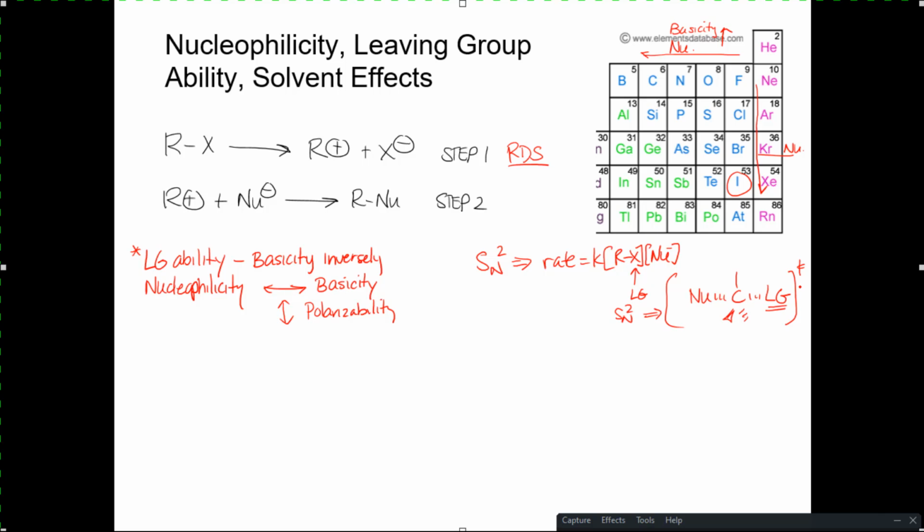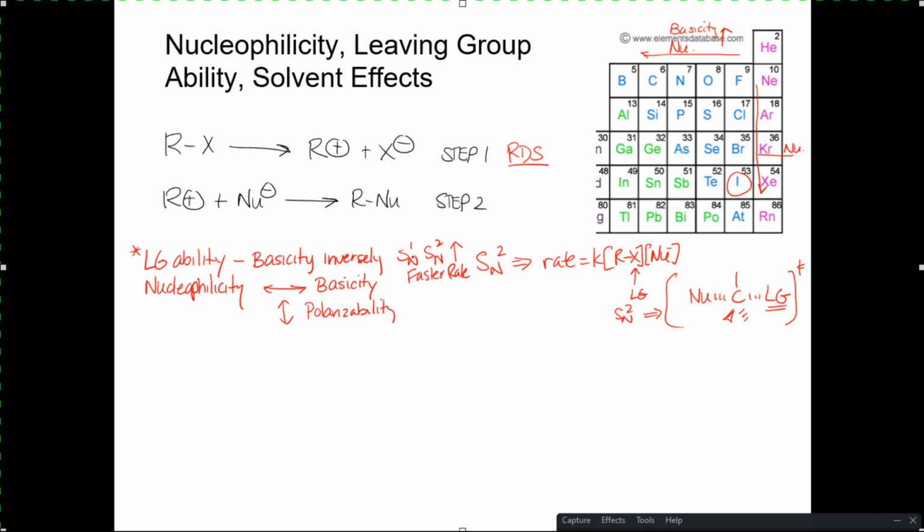A better leaving group is easier to leave, and so in an SN1 or an SN2 reaction, the better the leaving group, the faster the rate. And it will turn out that for all of the reactions that we study, if you have a better leaving group, you have a faster rate.